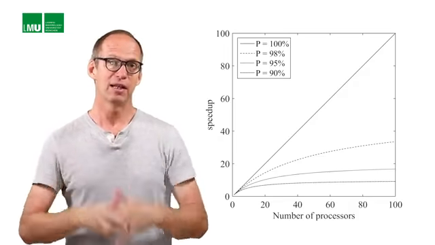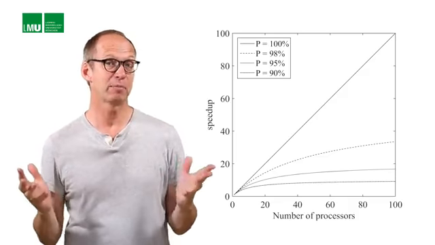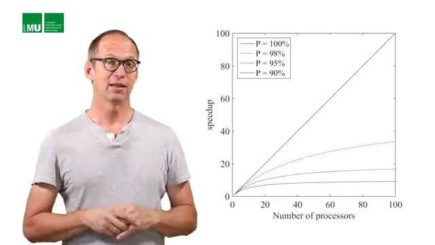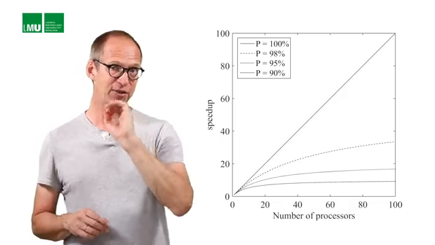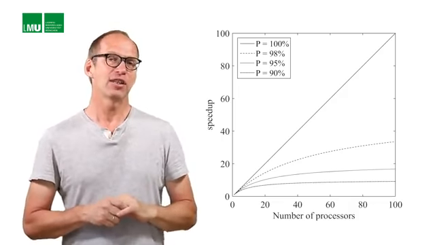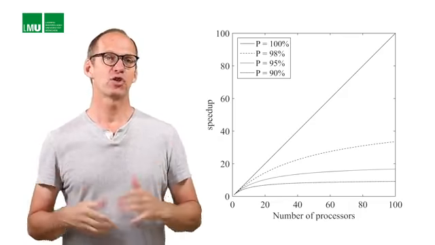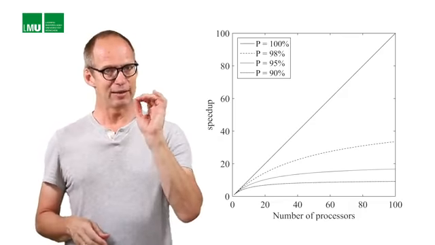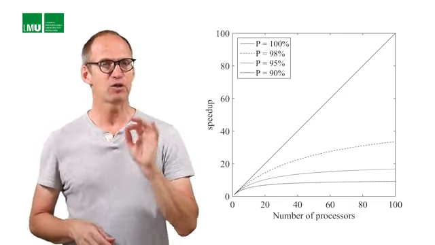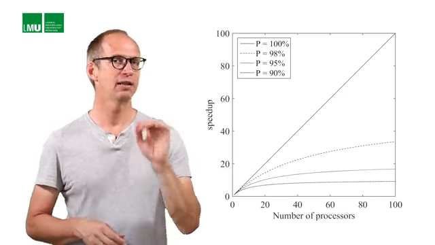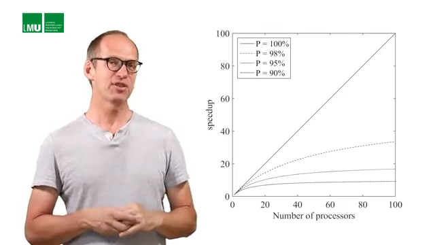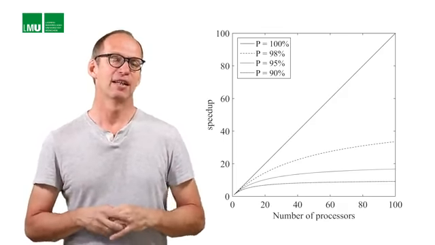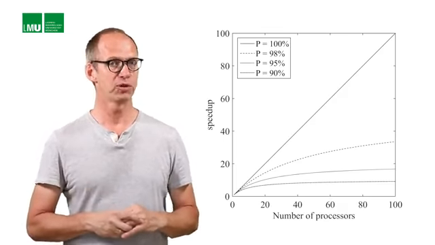That means if you use more processors, you don't really get much faster. And that's really challenging, because it tells you that to really make use of large supercomputers, the amount of parallelism you have really has to be 99.999% as much as possible, and then you can efficiently make use of supercomputers.